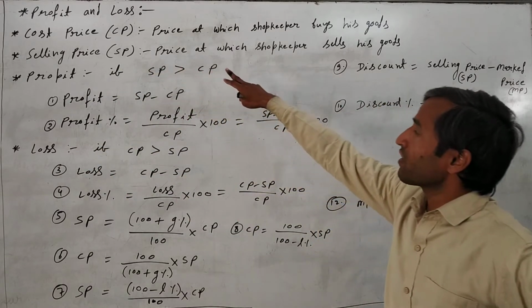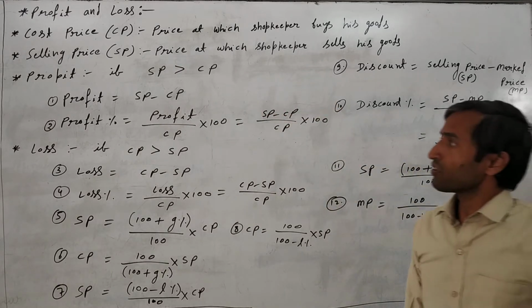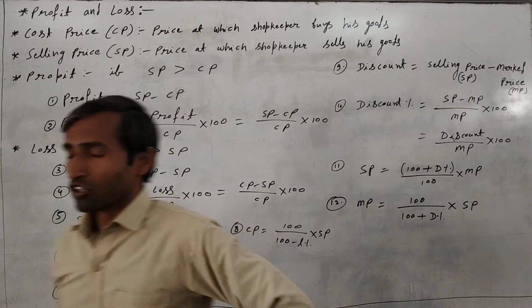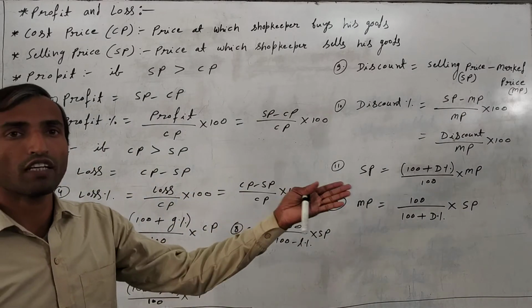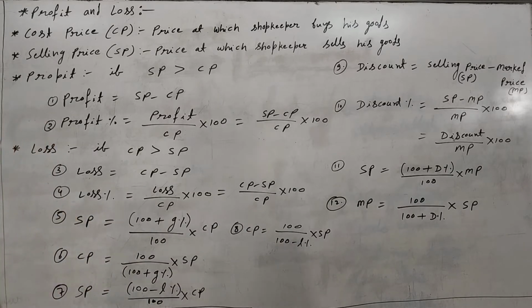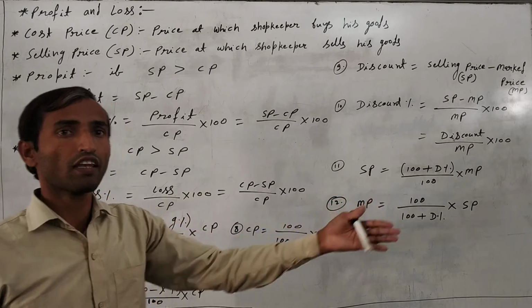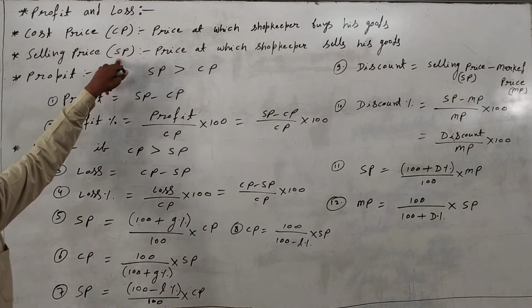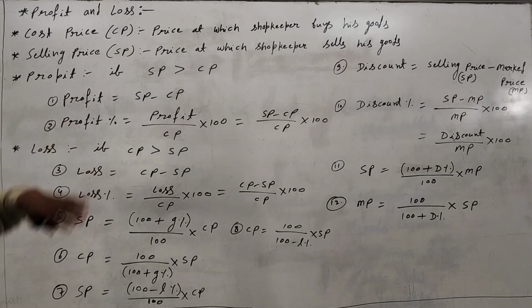Selling price is the price at which the shopkeeper sells any goods. So cost price means the price at which we can buy anything, and selling price means the price at which we can sell anything.